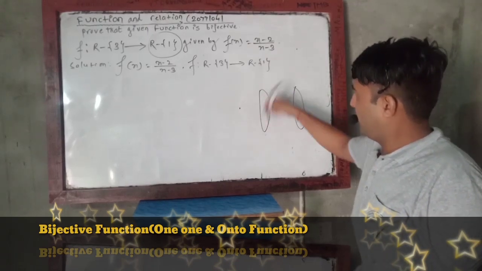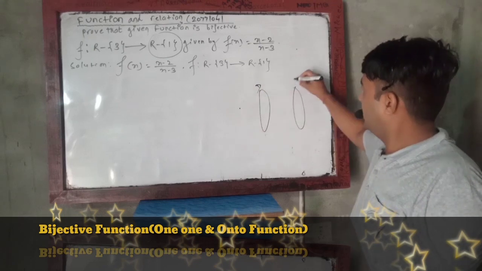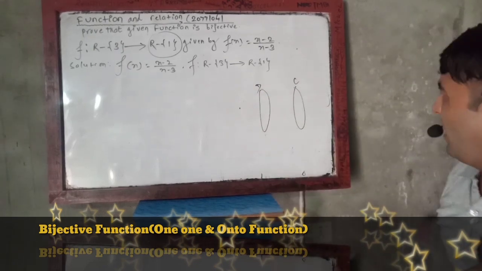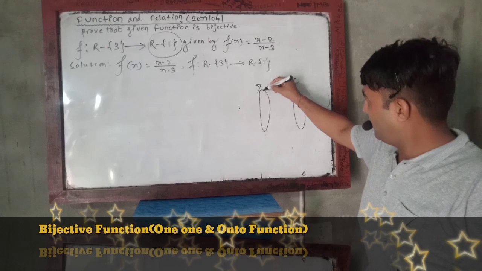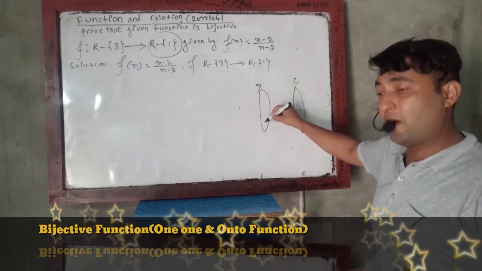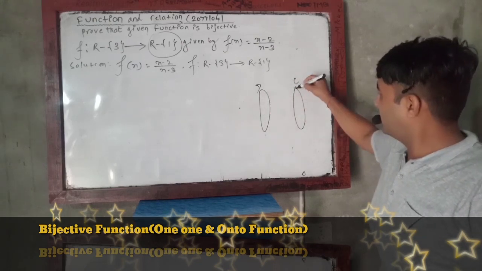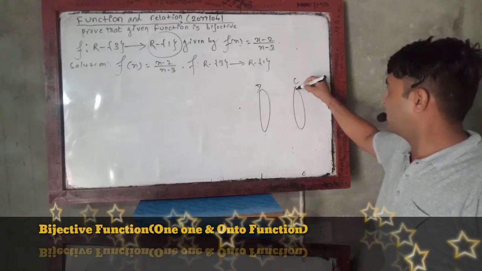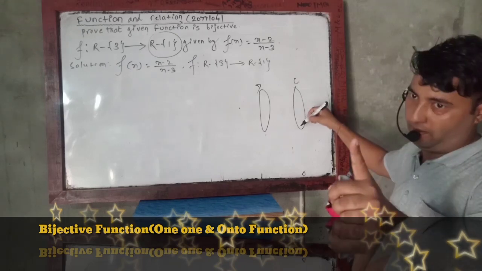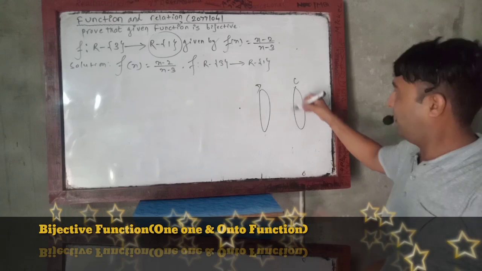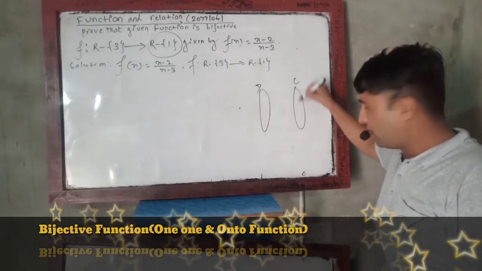This is the set of domain, this is the set of codomain. The elements belonging to the first set are the domain, and the elements belonging to the second set are the codomain.